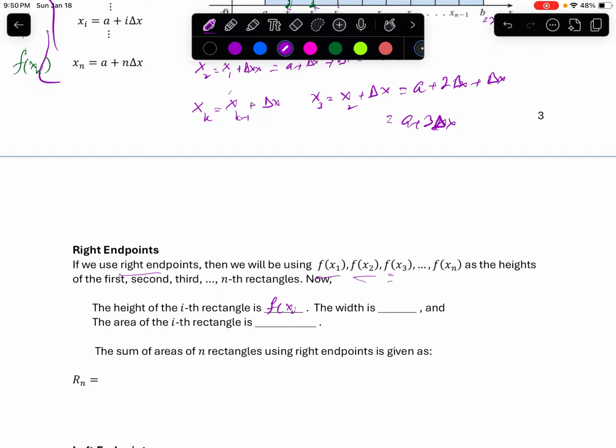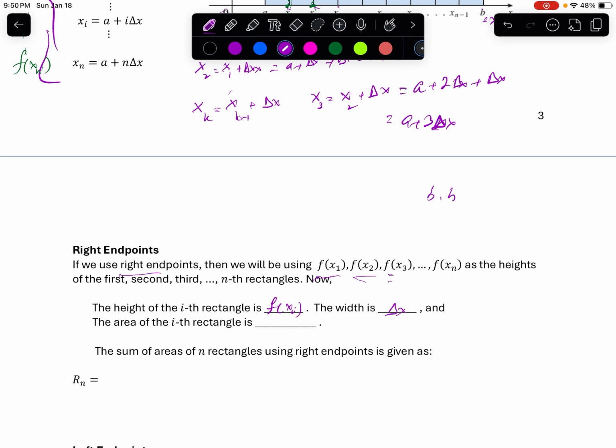What will be the width of that rectangle? Yes, delta x. Remember, the width of each rectangle is delta x. So now what will be the area? Remember, the area of a rectangle is base times height, or base width times height, or base times length, whatever.